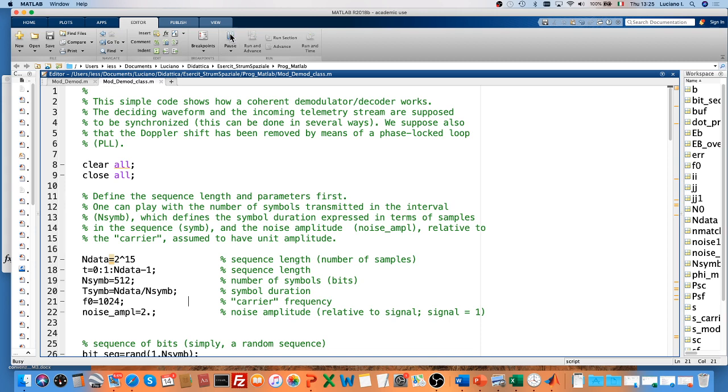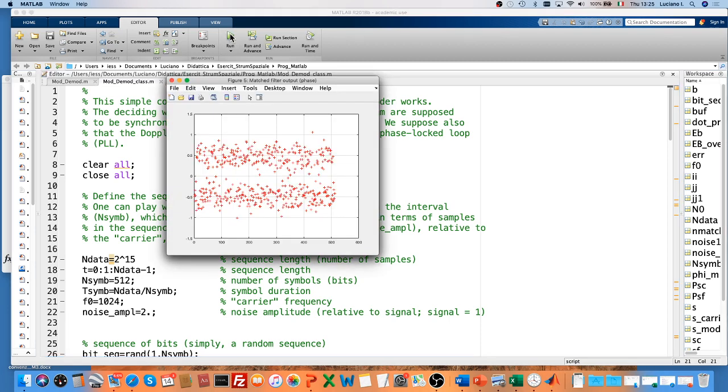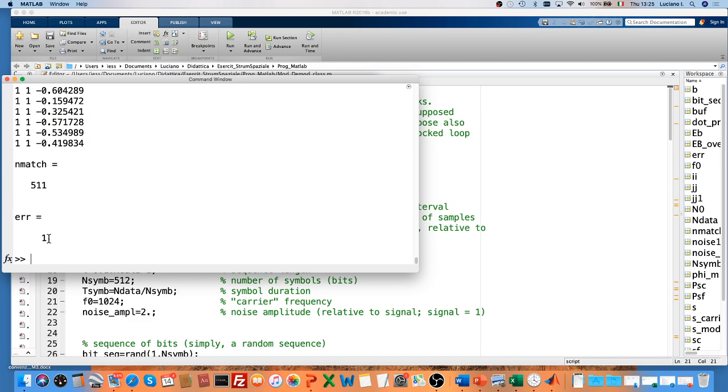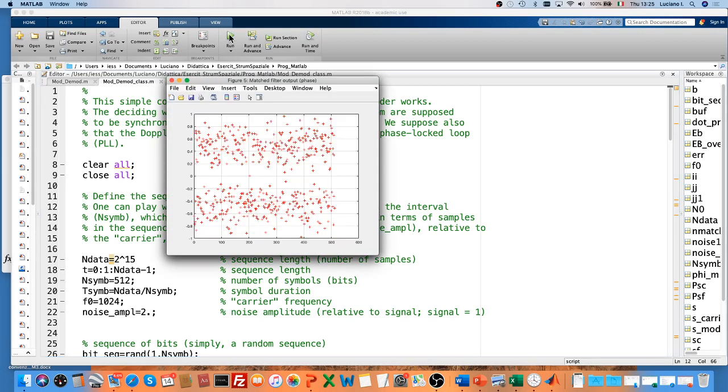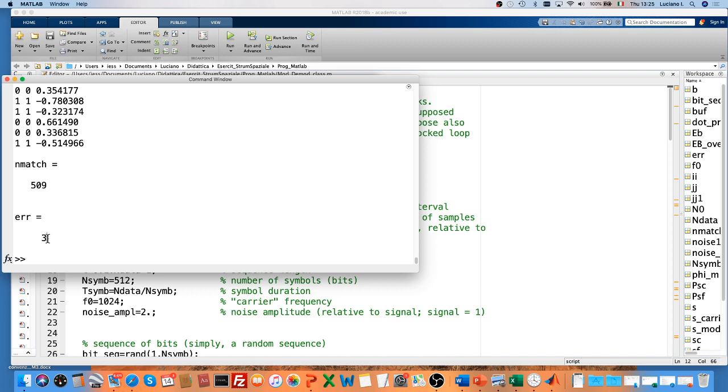So maybe if we run it again, we find a number of errors which is different. No, we find still one. Let me try another time and see the number of errors. Now we find 3 errors, because remember, it's a random process.